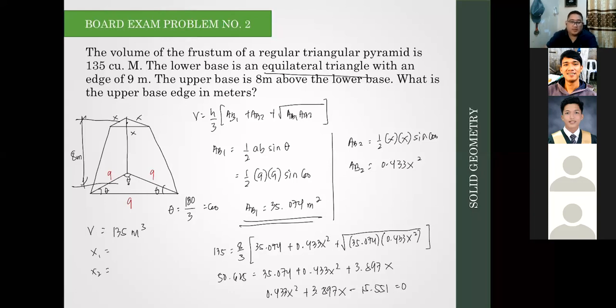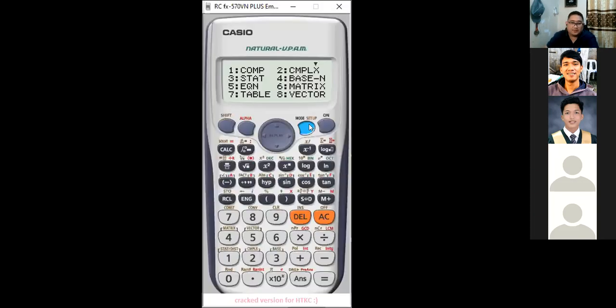Okay, so sa calcu, we have mode, equation, and then yung 3 for quadratic equation. Okay? So yung ABC, lagay mo lang yung values ng ABC mo sa quadratic. We have 0.433, then 3.897, and then negative 15.551.